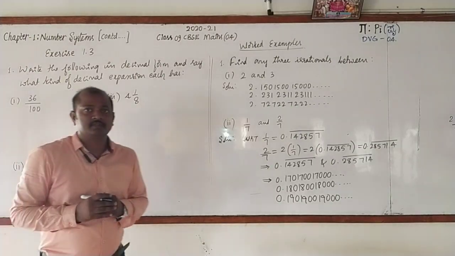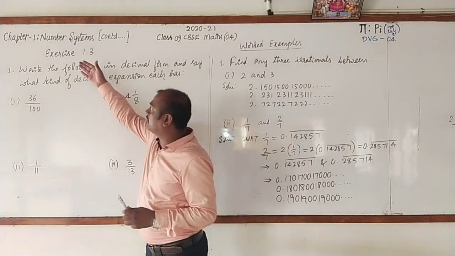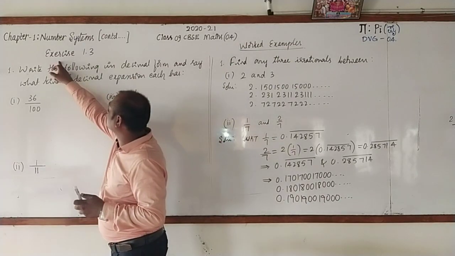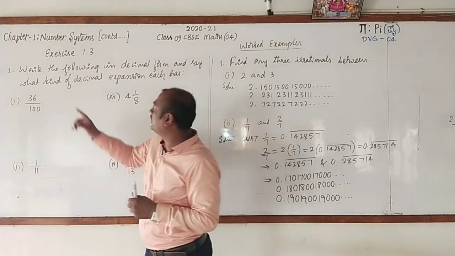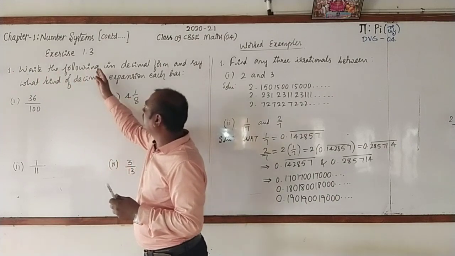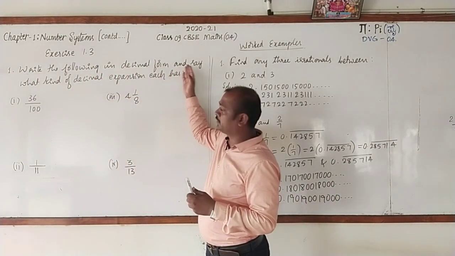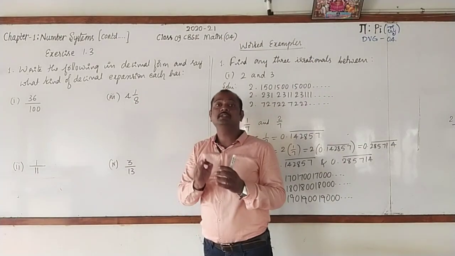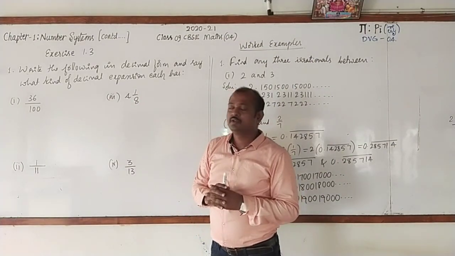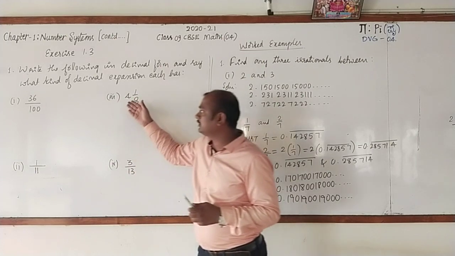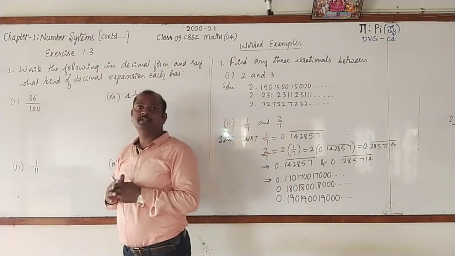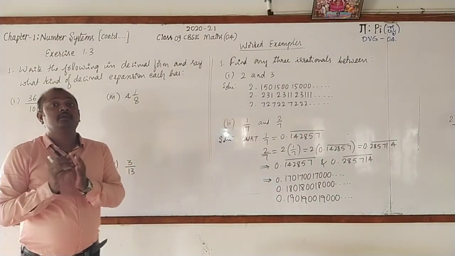Okay, dear students, observe here. Here we are going to solve exercise problems. Exercise 1.3. The very first question is, write the following in decimal form and say what kind of decimal expansion each has. So here we have taken some of the problems, some of the examples. The very first one is 36 by 100.